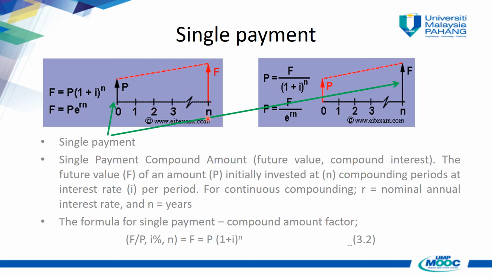This is the objective of the single payment, and the formula to calculate the future value is F equals P, the single payment, multiplied by (1 plus i) to the power of n, where i is the interest rate and n is the number of years.